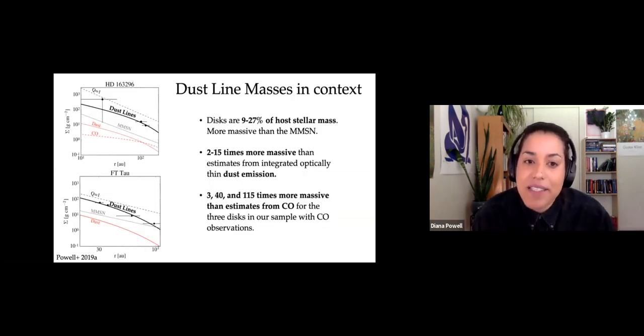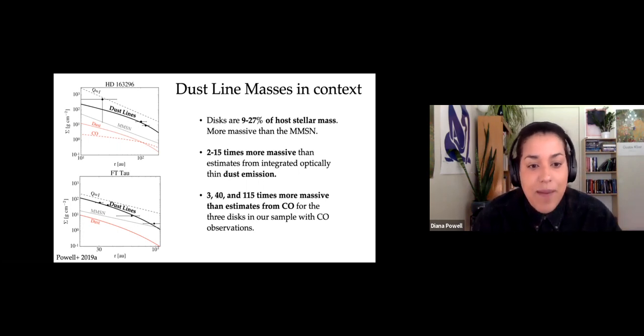And so we can now place these dust line derived masses in context. Here on the left, I'm showing total gaseous surface densities in black compared to previous tracer derived surface densities and the minimum mass solar nebula. So the disks in our sample tend to be 9 to 27% of their host stellar masses, significantly more massive than the minimum mass solar nebula, which is about 2%.